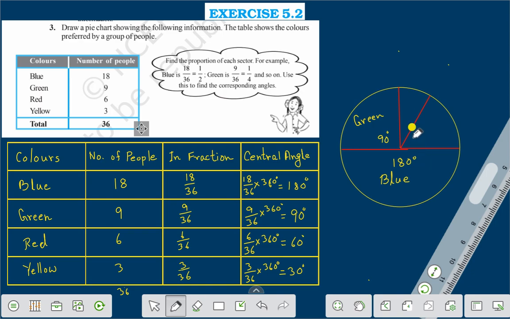Red, that is 60 degree. This is red. This is 60 degree. And that is yellow, 30 degree. This is yellow. And this one is 30 degree.